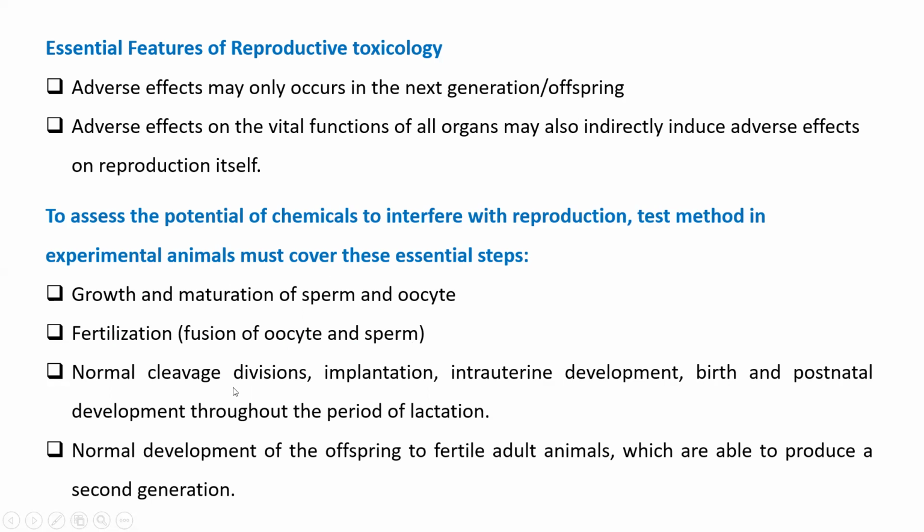Then normal cleavage division, implantation, intrauterine development, birth and postnatal development throughout the period of lactation are equally important. Then normal development of the offspring to fertile adult animals which are able to produce a second generation. So these are the essential steps required if you want to check the potential of chemicals for reproductive toxicity.